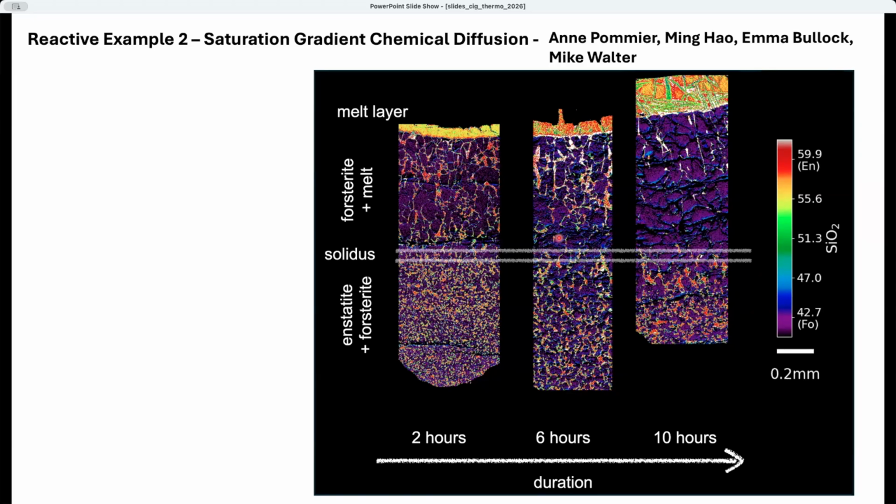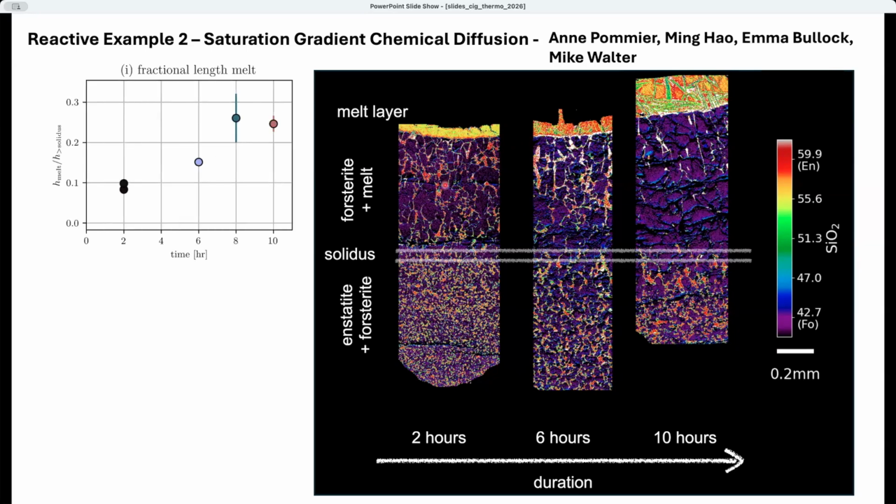So what's happening here is that the melt, in the partially molten rock, is forming and is assumed to be in equilibrium with the liquid on the liquidus of this forsterite-silica system. But because there is a temperature gradient, that melt experiences gradients of chemical potential, which drives the components within the melt through diffusion to migrate and throws it out of equilibrium, which drives melting, this yellow layer at the top, at one end of the sample, and freezing at the other end of the sample.